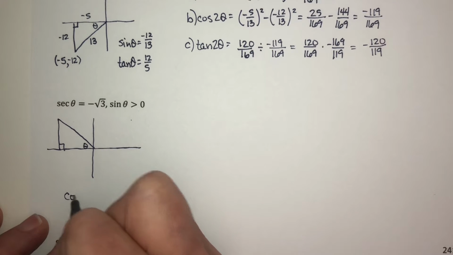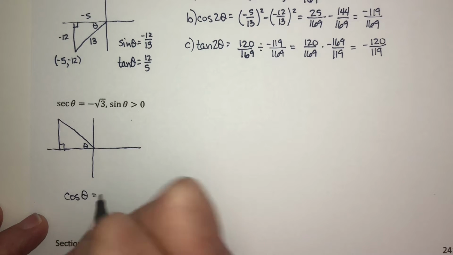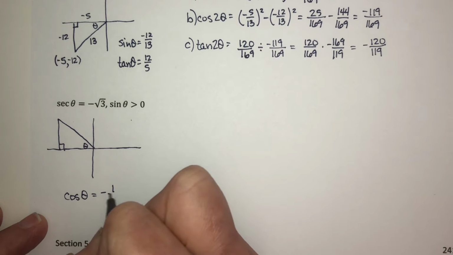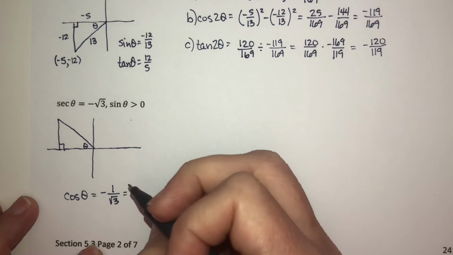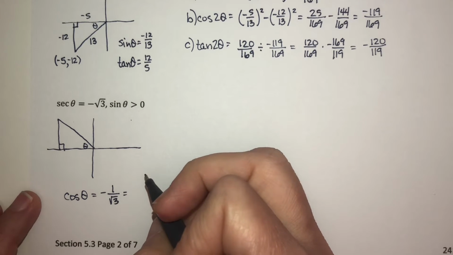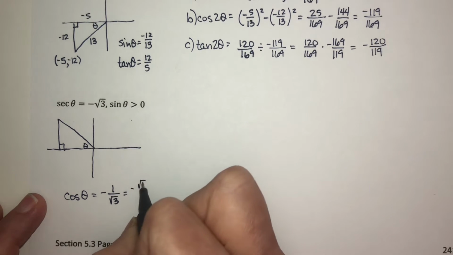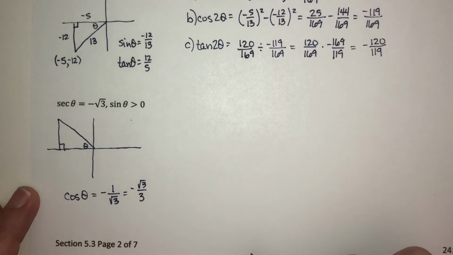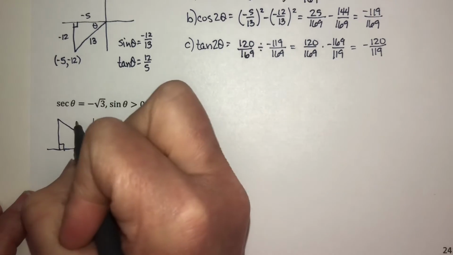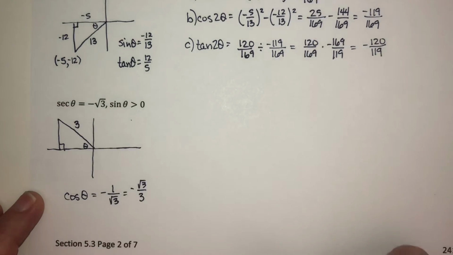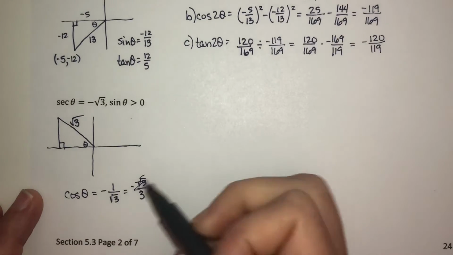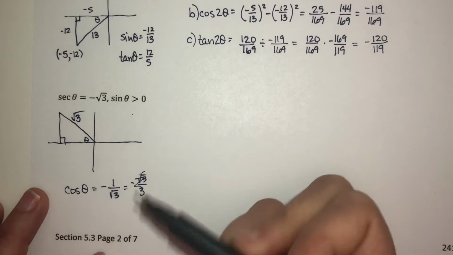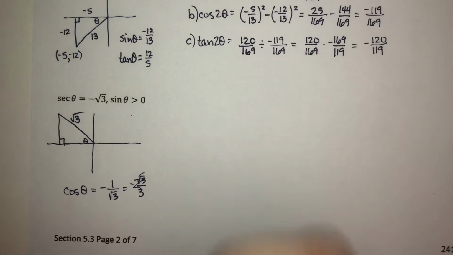That means that cosine of theta is equal to negative 1 over the square root of 3, which is the same thing as negative square root 3 over 3 if we choose to do that. Actually, let's just keep it as a square root 3, not worrying about the rationalizing. You're going to end up with the same answer no matter what.